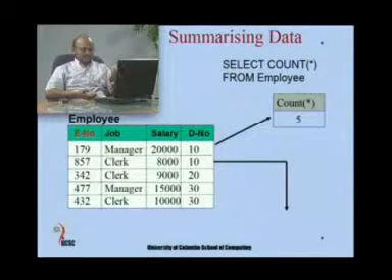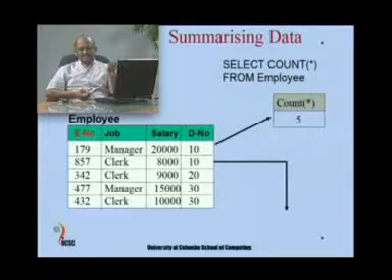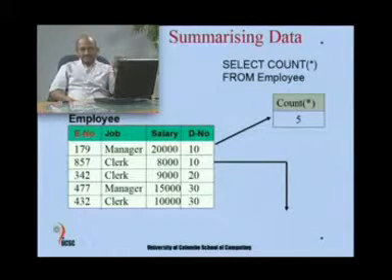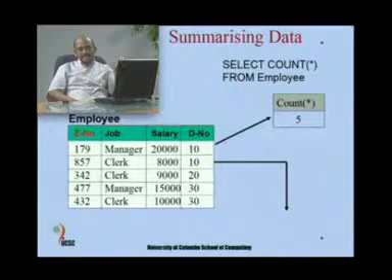So, the output we are looking for is how many employees, which is 5, and how you get it using SQL is you say select, instead of the list of items which we listed earlier like e name, e number and so forth, we say a function, because that function value is the output.